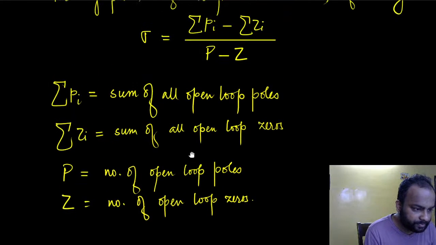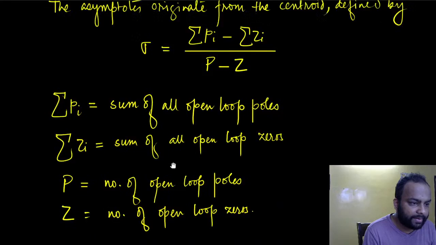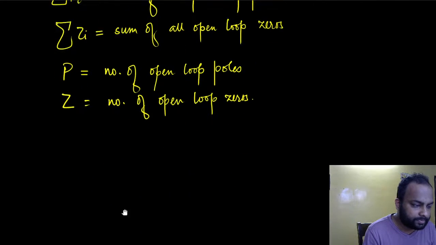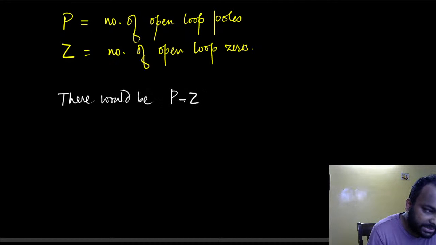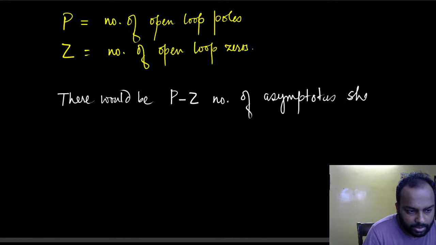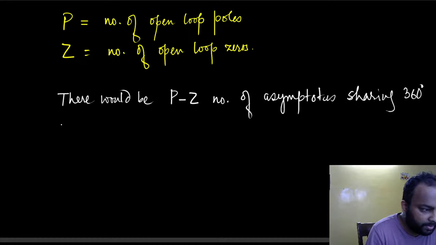Okay, right. So as we are given by this, we would say that there would be p minus z number of asymptotes sharing 360 degrees equally.